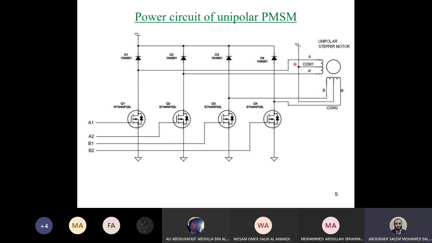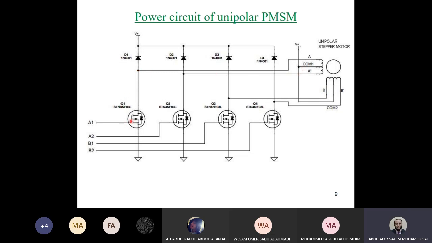So let's assume we have here 2 halves, and this coil we have also 2 halves. And as you can see here, this point A is connected to that point, and the current will flow only in one direction.